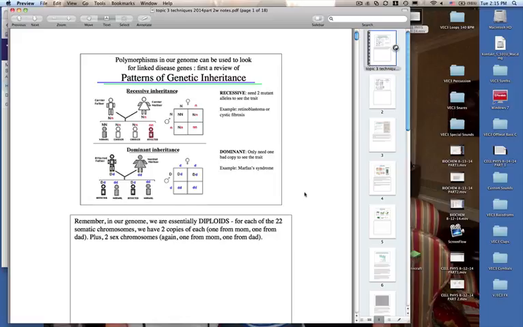If we look real quickly at examples of recessive inheritance, now our recessive gene is the small n here, okay? We've got two parents that both have a mutant copy of the gene, but neither of them is phenotypically showing the disease state because they only have one copy.